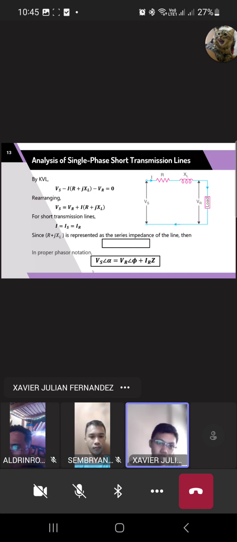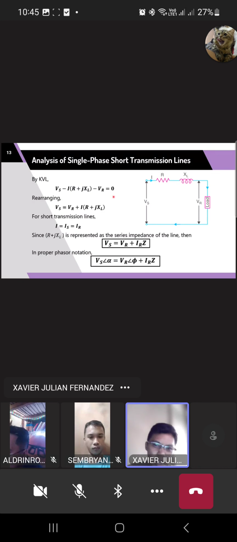Okay. So, to continue, we have this transmission line. By KVL, we can write this equation, and we can rearrange it: negative VS plus I times R plus JXL plus VR equals 0.